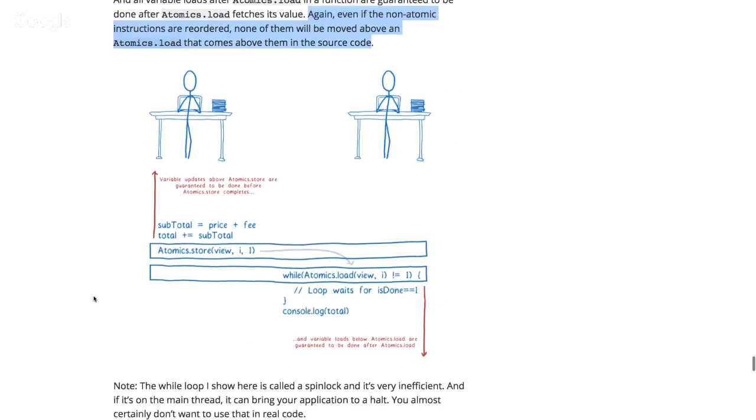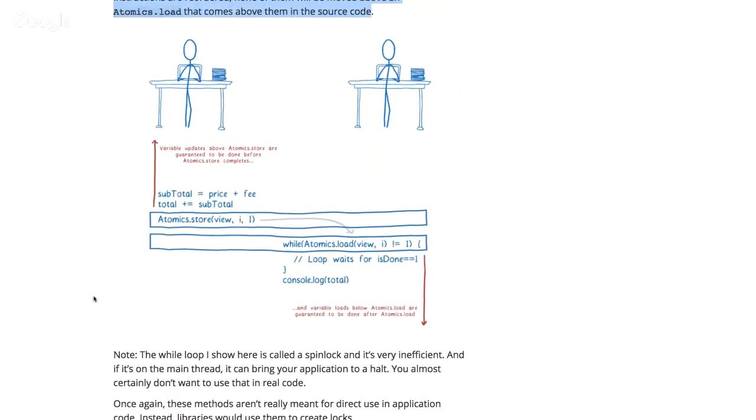So they're showing an example of how to make sure the CPU or compiler doesn't reorder instructions. In this case, there are again two threads, or for example, in JavaScript, two web workers maybe. Here they're saying variable updates above atomics.store are guaranteed to be done before atomics.store completes.